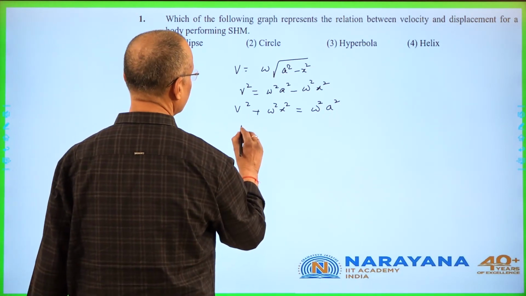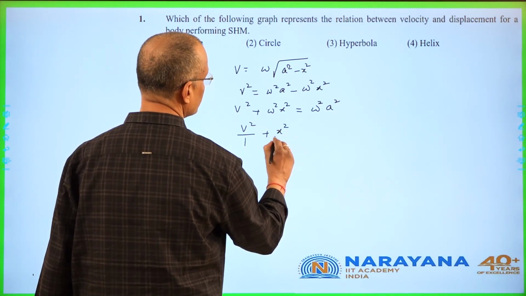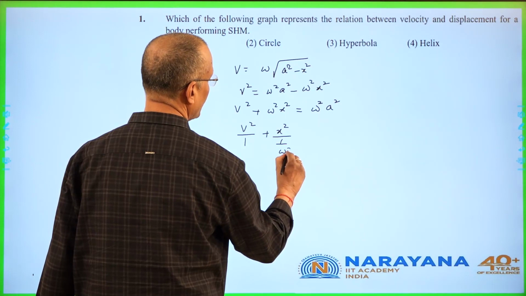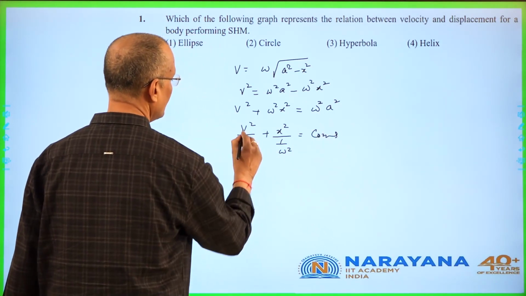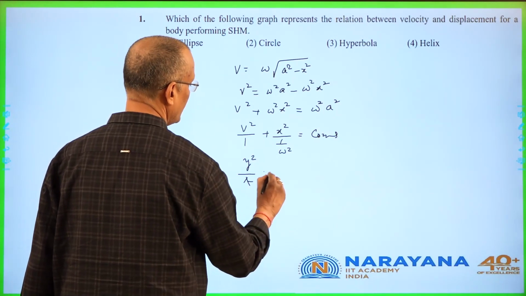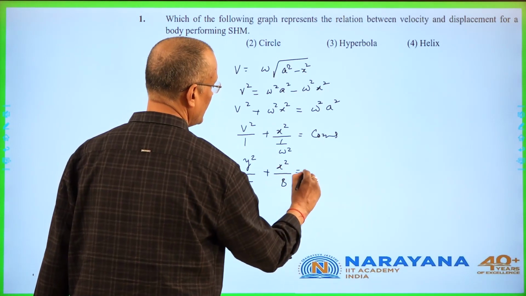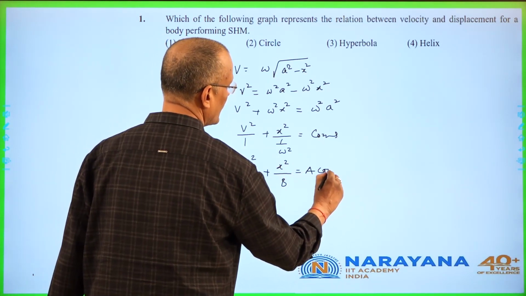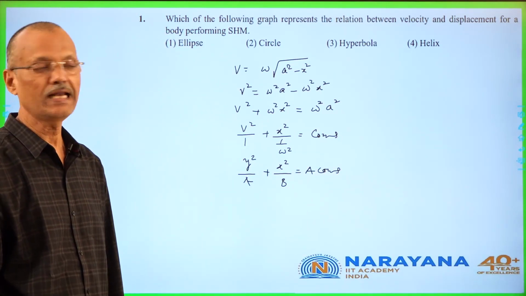So you can write it as v squared by 1 plus x squared by 1 by omega squared, and this is constant. Here you are taking y squared by a plus x squared by b, it is a constant. This is the equation of an ellipse.